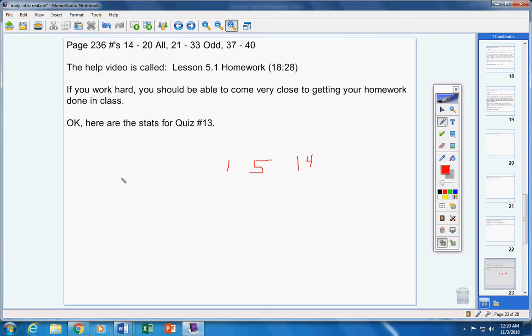Now, everybody in the classroom, except for Ethan and Jose, made a 24. Except for one student, they made around a 50. So I curved all the 24s up to 50. So if you have a 50 on your quiz, you really made a 24. Now the student that made a 50, I curved that to an 80. So the student that had an 80 really made a 50.